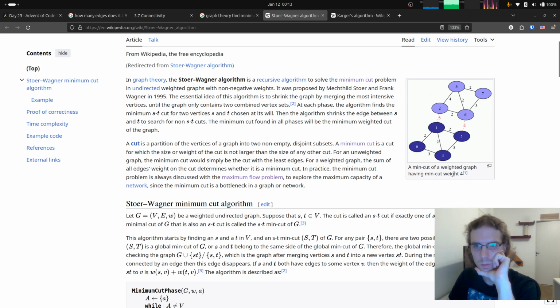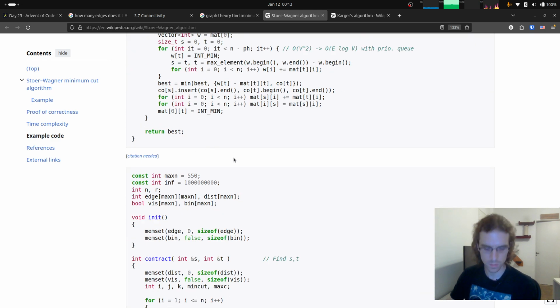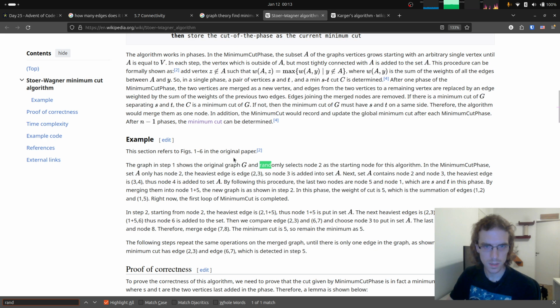A min cut of a weighted graph having a min cut weight of 4. So okay, in things that are weighted, you care about the weights, I guess. A cut. So I don't know if this is also randomized. It says that it's a recursive algorithm, and I don't know if it's randomly selecting nodes.